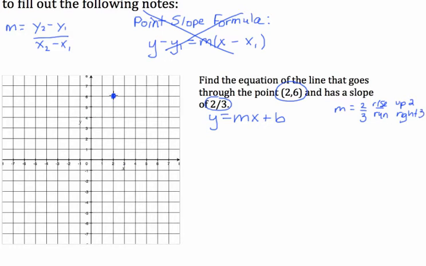So from this point now, instead of the point on the y-axis, we're just going to go from here. Up 2, right 3, dot. Up 2, right 3, dot. Do that same pattern backwards. Down 2, left 3, dot. Down 2, left 3, dot. There's our line.